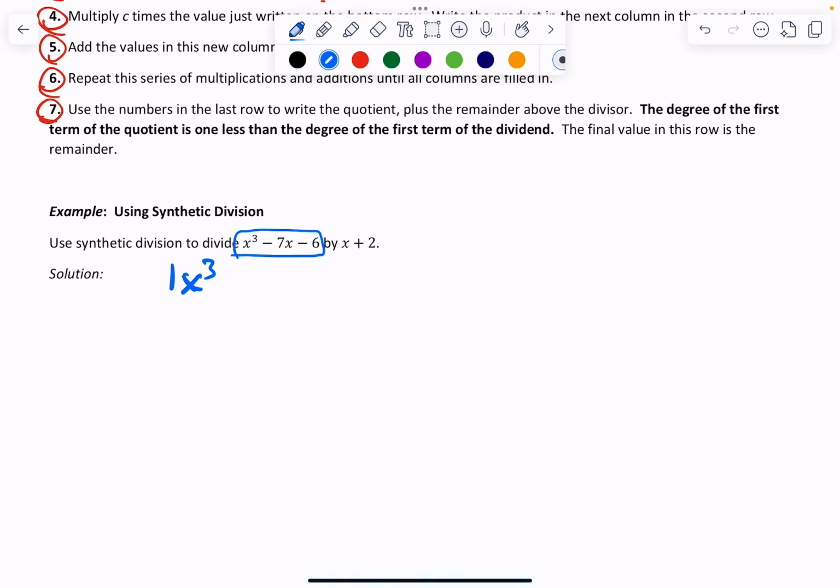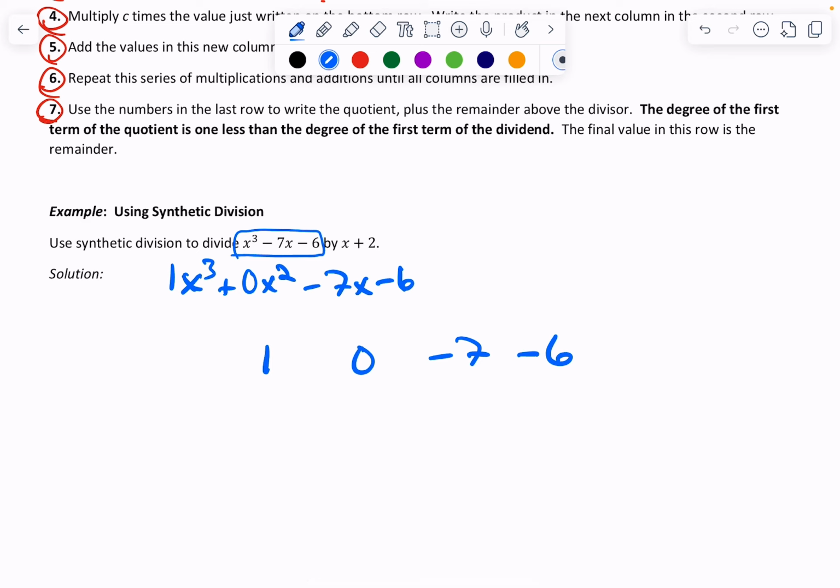That's the understood one. Next, we don't have x squared, so that would be 0 times x squared because that's a 0 and it's not written. Next, we have negative 7x and minus 6. Okay, every single term has a coefficient. So the 1 goes first, 0 goes next, negative 7 and negative 6.